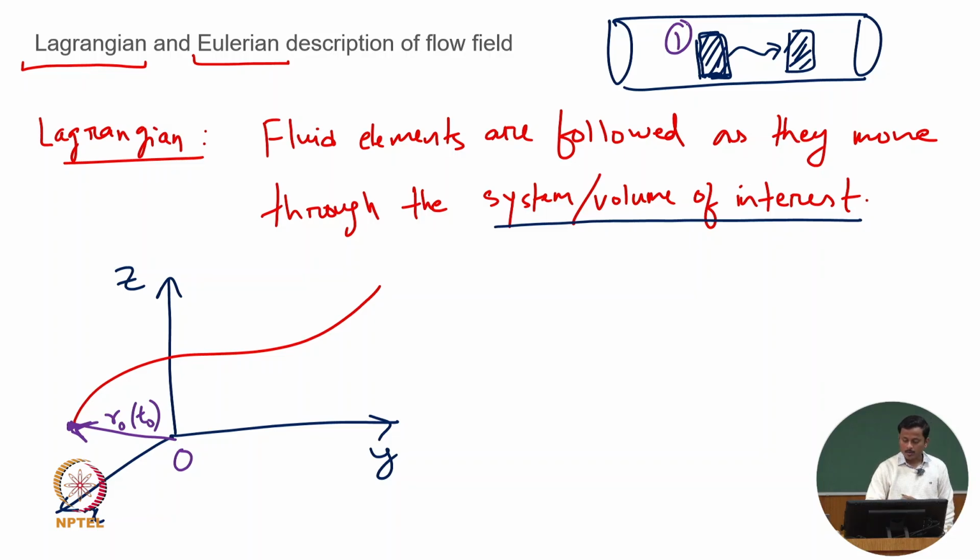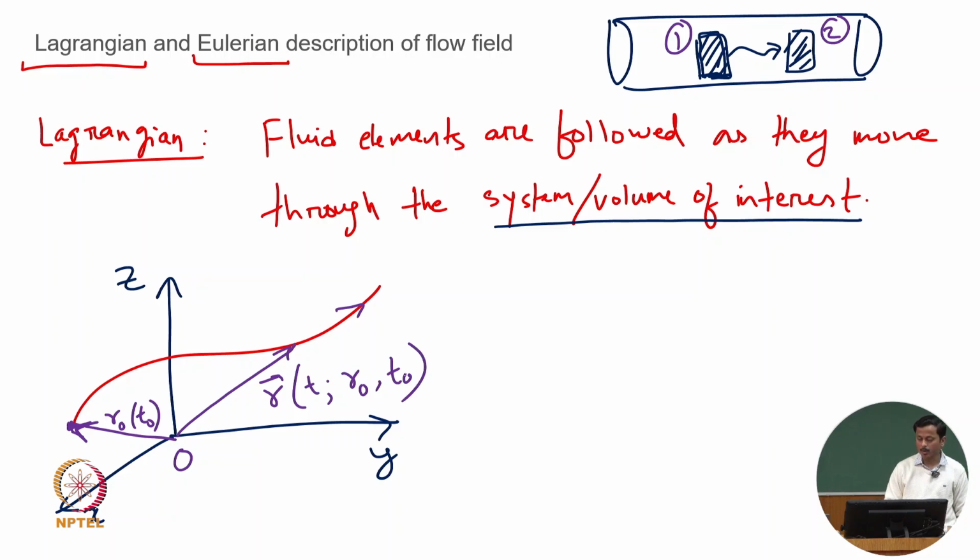So this element was at position 1, and this has moved, this is the particle path, and this has moved to a certain position, let's say this position R. So this is the position 2 where it has moved to, and this location is given by R. Now R is a function of time, of course, but this one is also a function of R naught and T naught, because we need to identify that this is the position of the particle which was initially at position 1, which is given by R naught at time T naught.